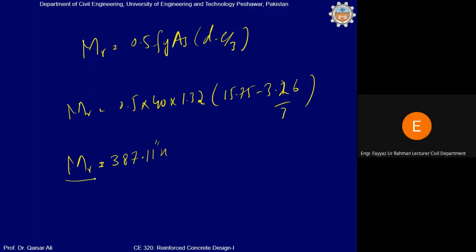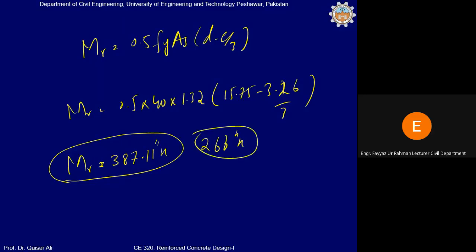So you can see the capacity at the second stage is greater than the capacity corresponding to stage 1, which was almost equal to 266 inch kips. Is this clear? Because at stage 1 you are not allowing even a crack in the beam.